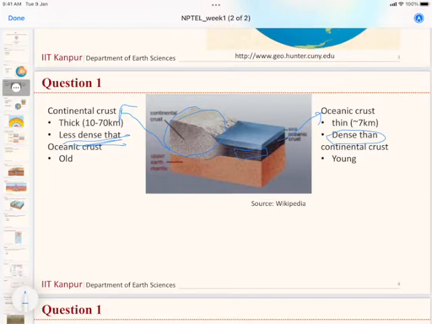Okay, so we were discussing the crust. As I mentioned, we mainly have continental crust and oceanic crust, and I was asking why there is a density difference between them. Can anyone suggest a guess why it is so?